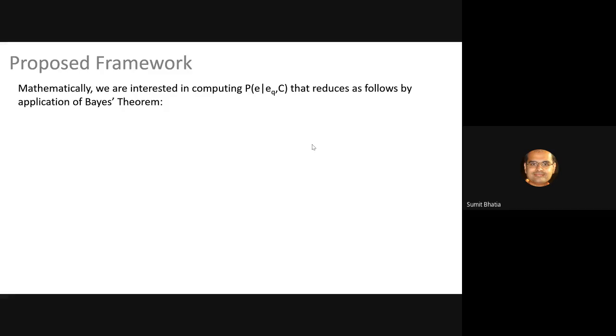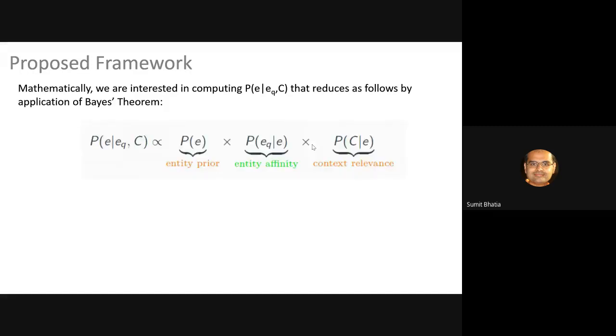So essentially, mathematically, this is the probability we are trying to compute. Once you apply Bayes theorem to this probability, it can be simplified or decomposed in the following fashion.